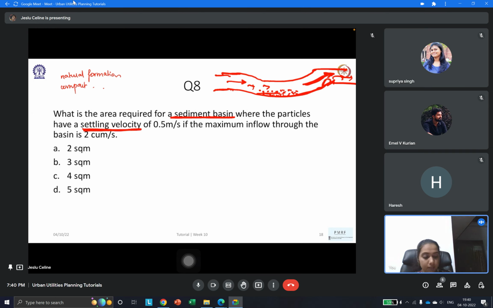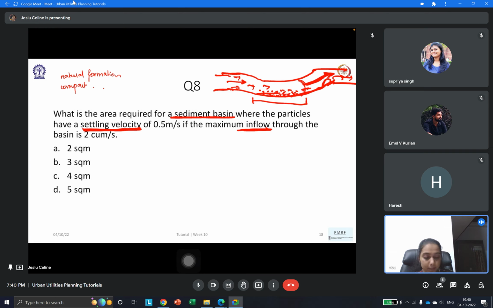Those are the two factors which are given. You've been given the settling velocity, and you also have the inflow, that is, how much water is coming through these pipes. Is the pipe flowing full, or only half full? When the pipe is flowing full, what is the maximum inflow which is coming, and how much area would be required? The question is asking what the area is.